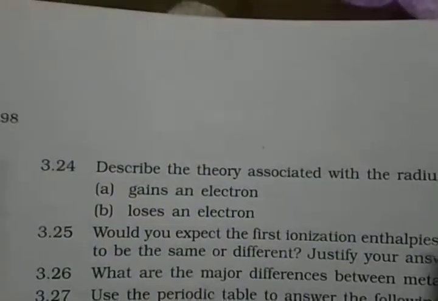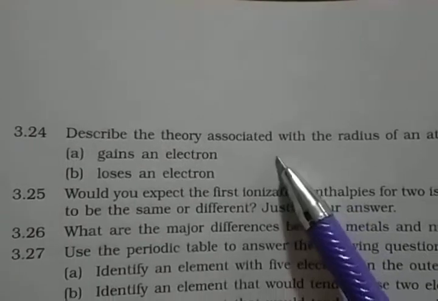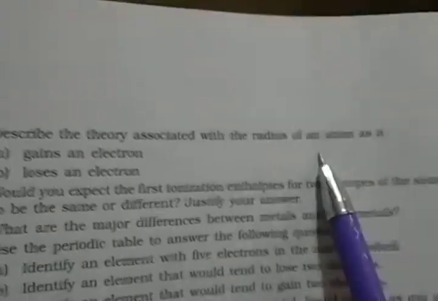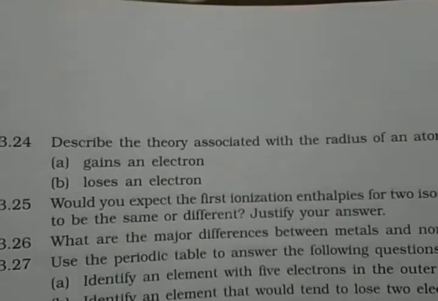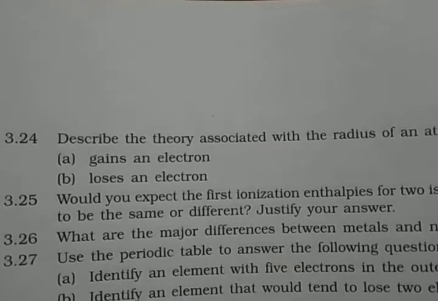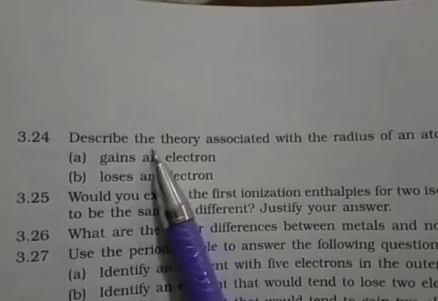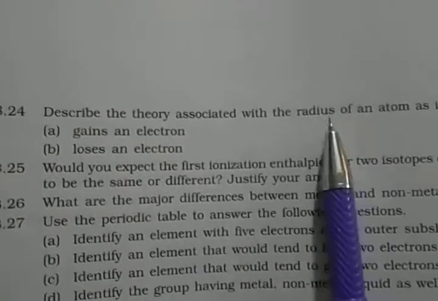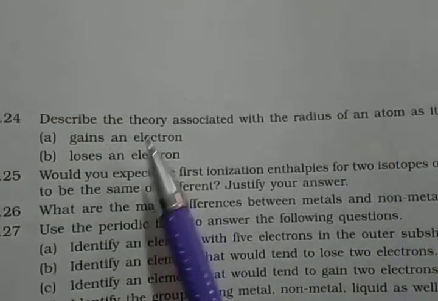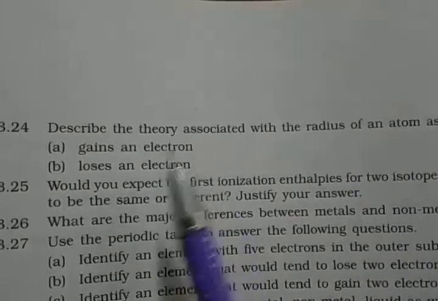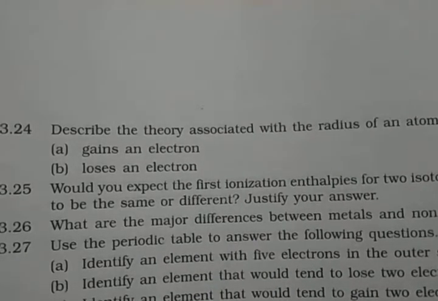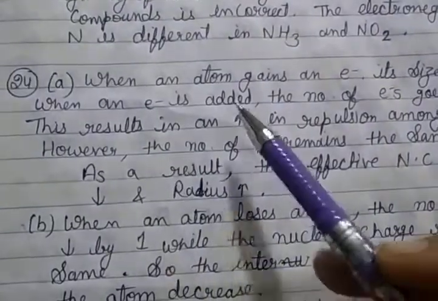Then question number 24. Describe the theory associated with the radius of an atom as it first gains an electron and second loses an electron. First is gain of an electron. When an atom gains an electron, its size increases.